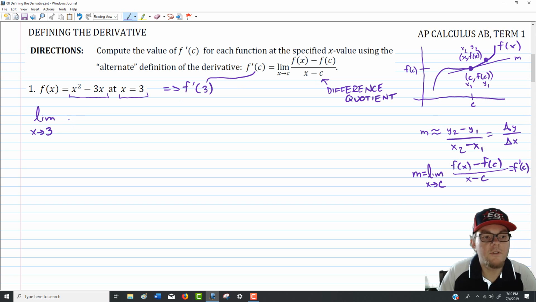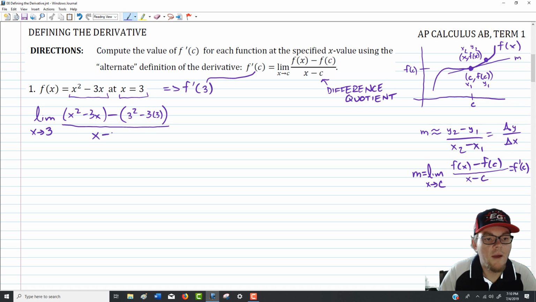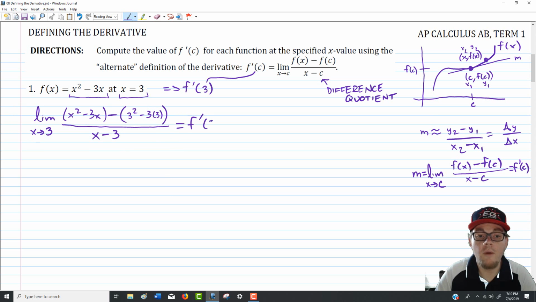We want the limit as x approaches 3 of f of x minus f of 3. So because we want to plug in our c value, it's going to be 3 squared minus 3 times 3 all over x minus 3. So this is the limit that contains our slope value. This is going to be equal to f prime of 3.